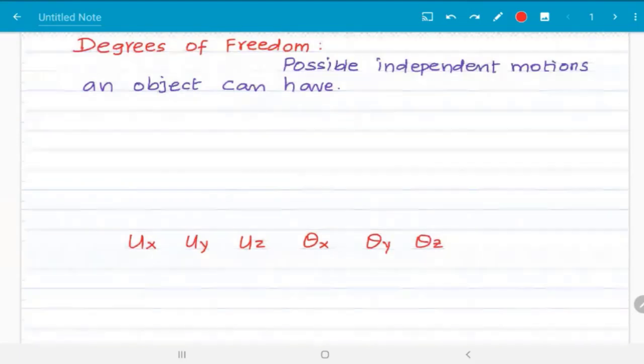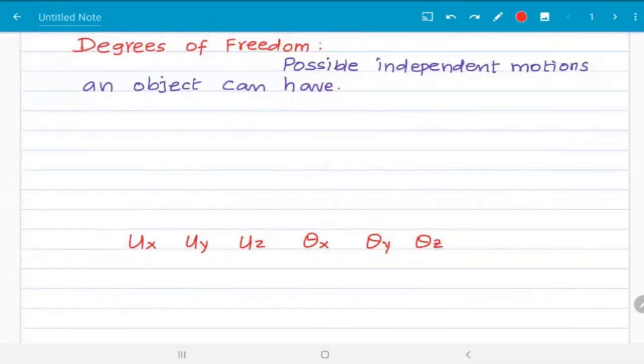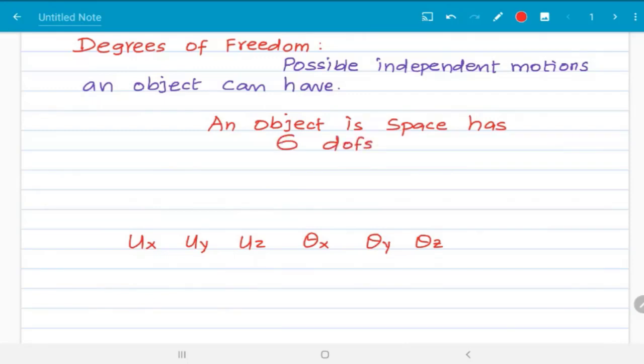Now we are going to say that an object in space has six degrees of freedom.